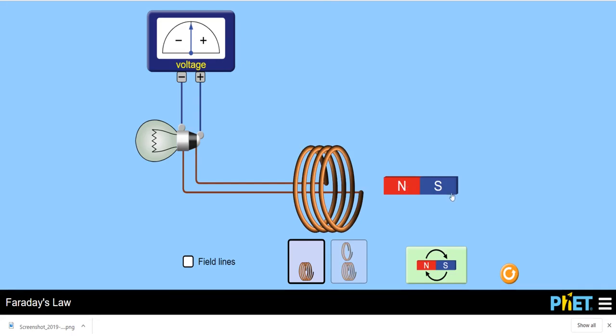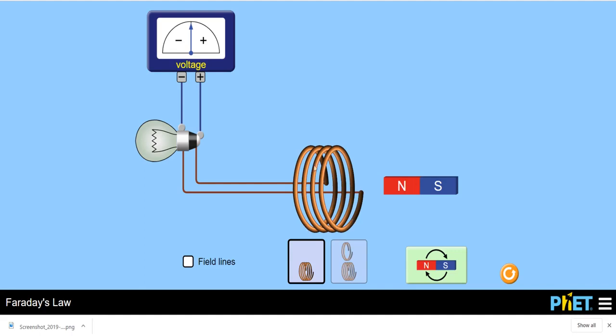See the direction of deflection. Here it is the north pole towards its side, and if I increase, you see the deflection, as I move this bar magnet towards this coil. One more thing you should understand here: whether I move this magnet or the coil, there is no difference. The important thing is the relative change in the positions of the magnet and this coil.